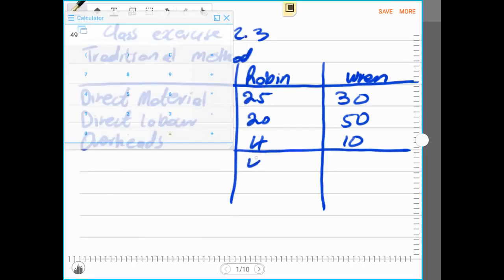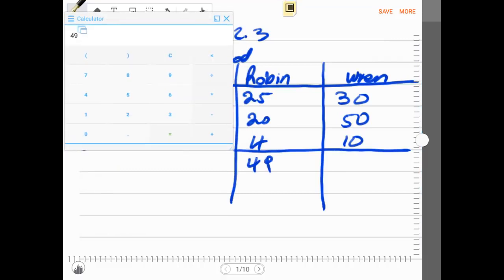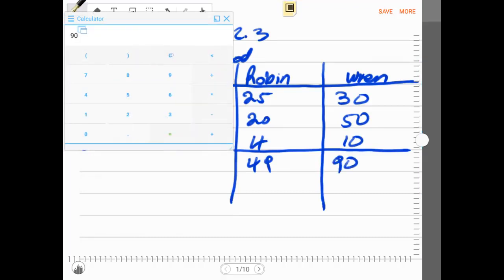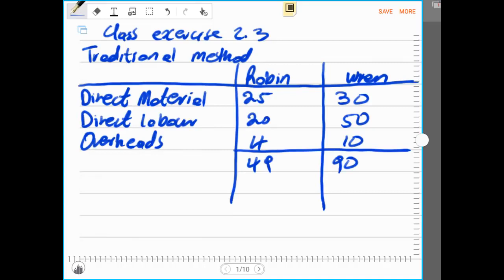So the total cost here is 49, and for the second one it is 30 plus 50 plus 10, and that gives us 90 rand as the total cost. So now that is the total cost per unit.